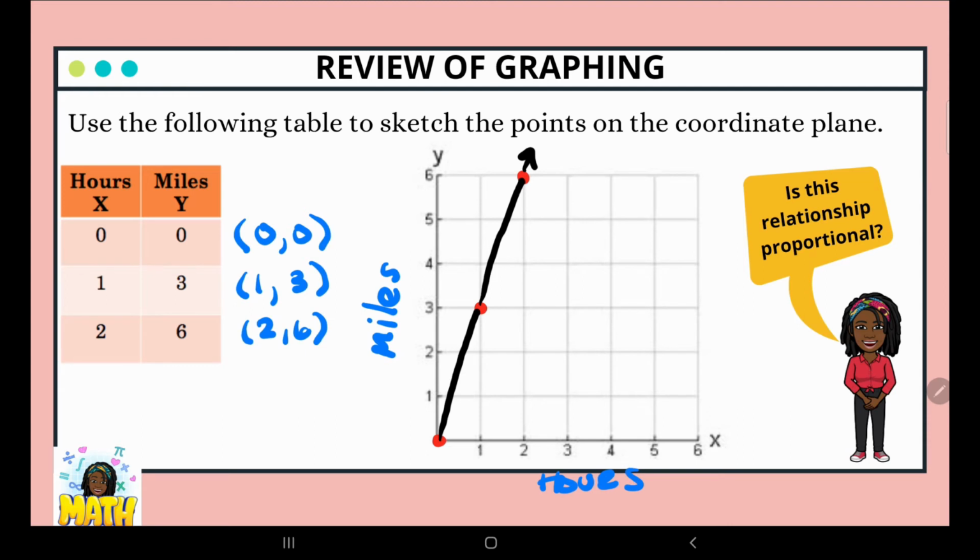So the constant of proportionality for this graph, also referred to as the slope, is 3 over 1.